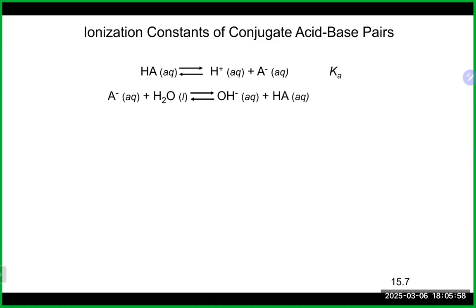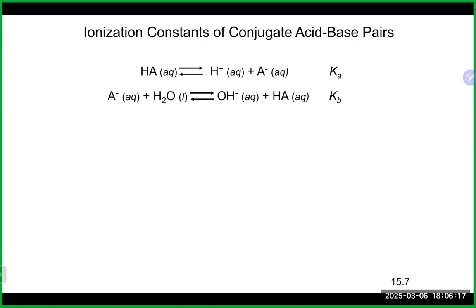Now, let's talk about Ka and Kb. First off, you have a Ka value, which obviously is for a weak acid. We have a Kb value that is for a weak base. How do we know which one we should be using at any given time?